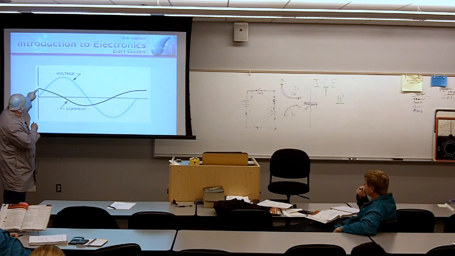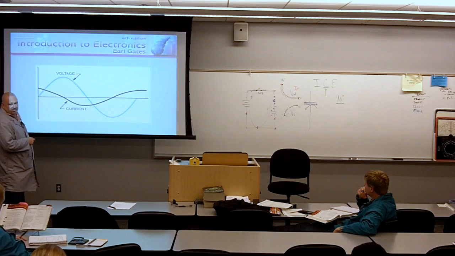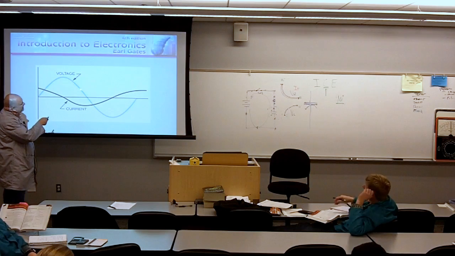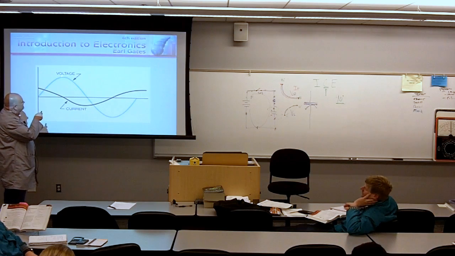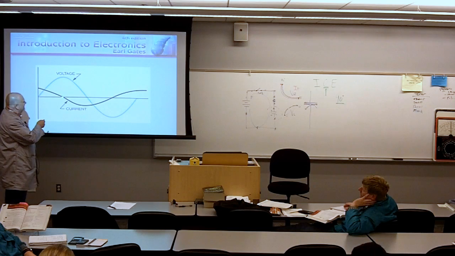When I go up from 0 to maximum peak value, my current flow goes to 0. When the capacitor discharges, it's going to discharge in the opposite direction of what originally charged it, so my current now is going to flow backwards.